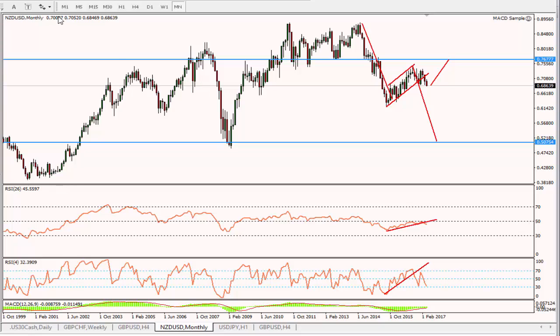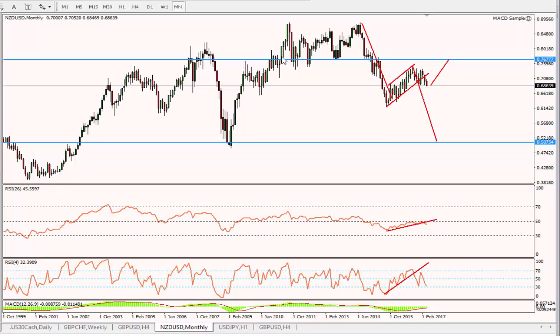Before that happens, the number 4 RSI, that RSI is a very sensitive RSI to price action and what's going on in the market. So before this happened, we already have the number 4 RSI broke below 50. So right here, when the number 4 broke below 50, to me that was a clue that the market is going to go lower.